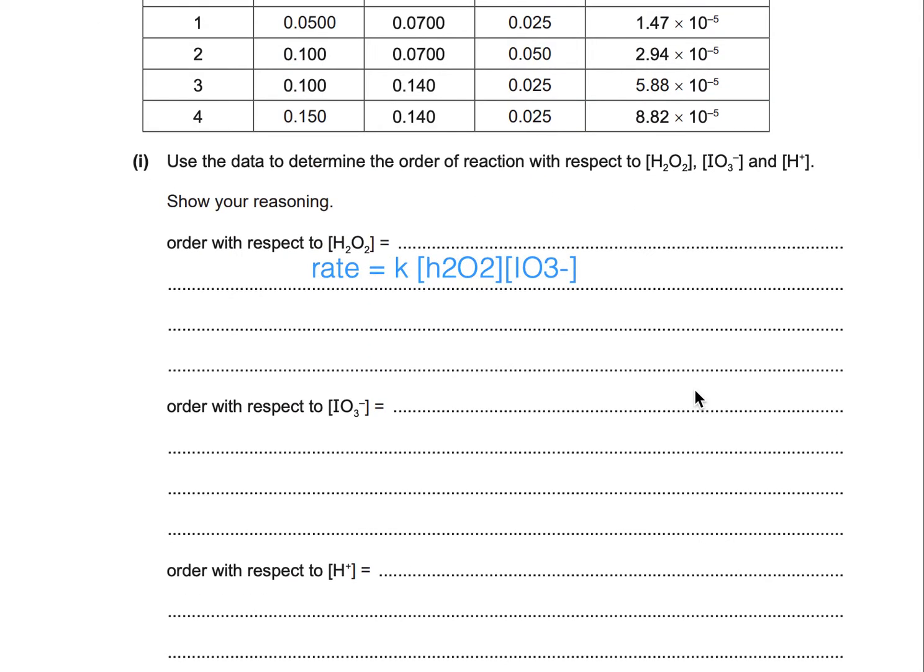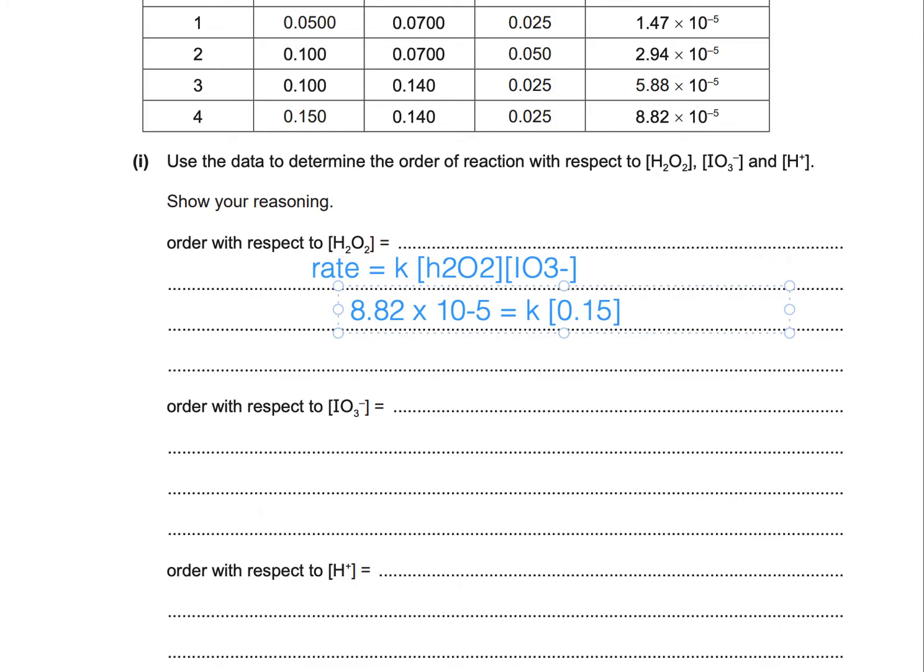So we use this formula and write 8.82 multiplied by 10 raised to power minus 5, which is equal to k, which we need to find out, and then the concentration for H2O2, which is 0.15 in experiment 4.